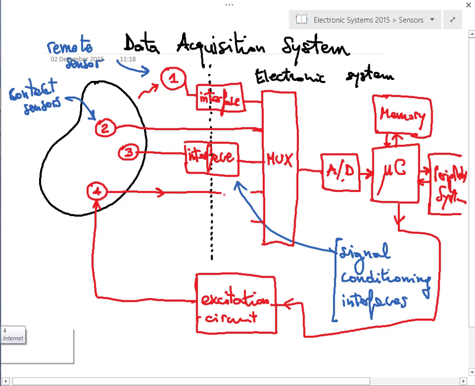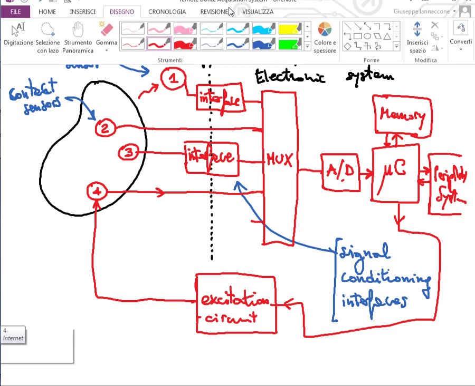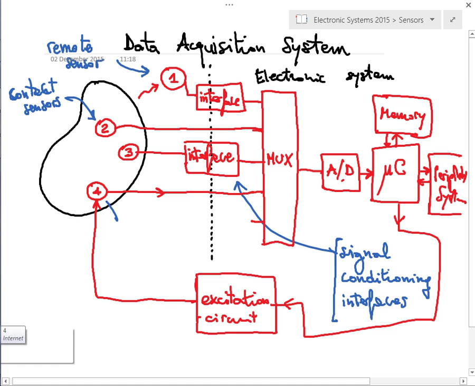So this would be an active sensor, in the sense that it has to receive energy from the system in order to provide some information.